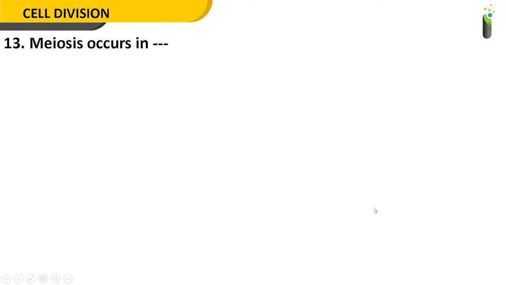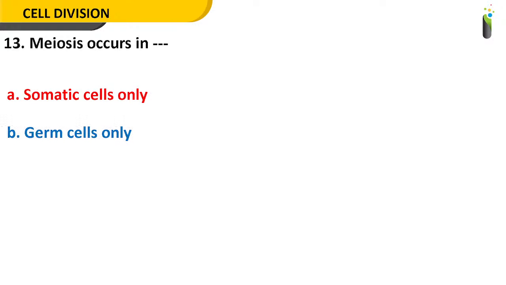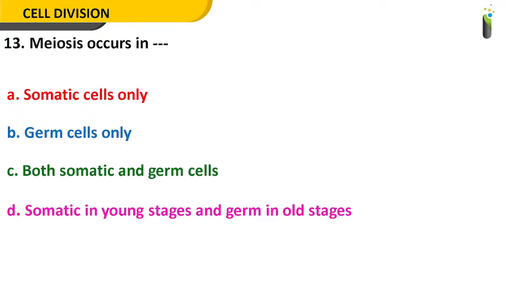Coming to the next question, number 13. Meiosis occurs in dash. A, somatic cells only. B, germ cells only. C, both somatic and germ cells. D, somatic in young stages and germ in old stages.